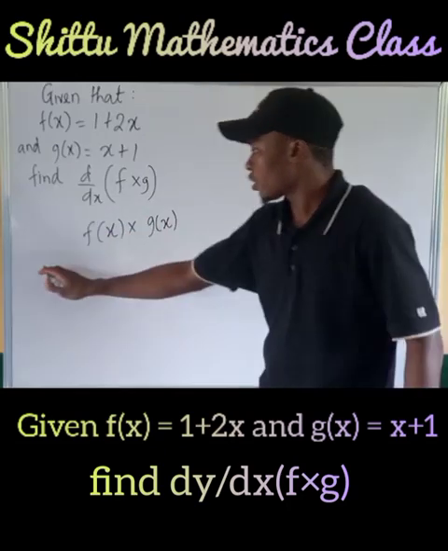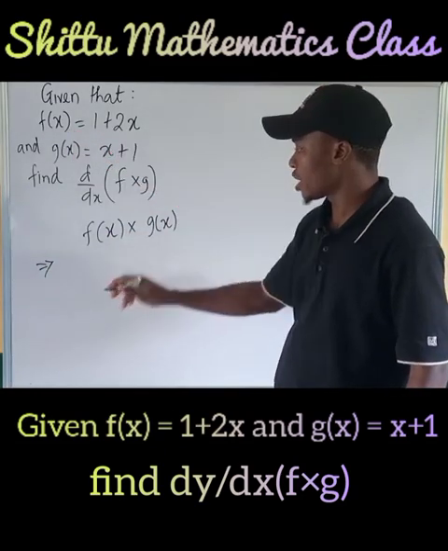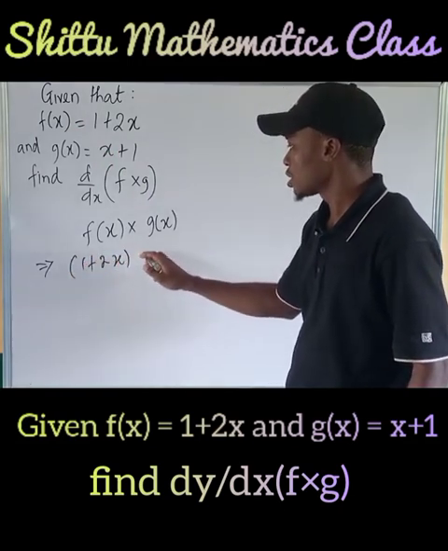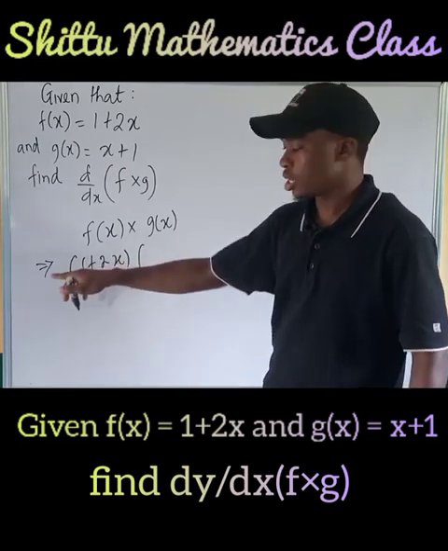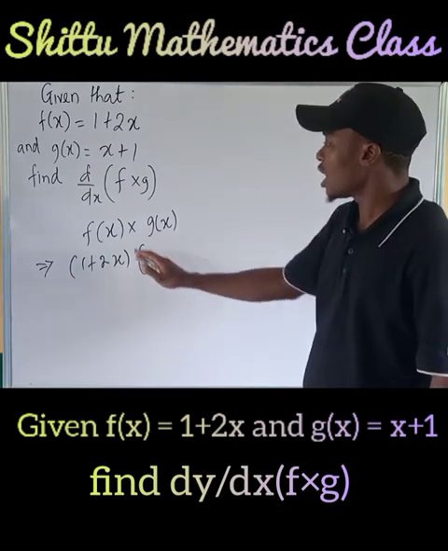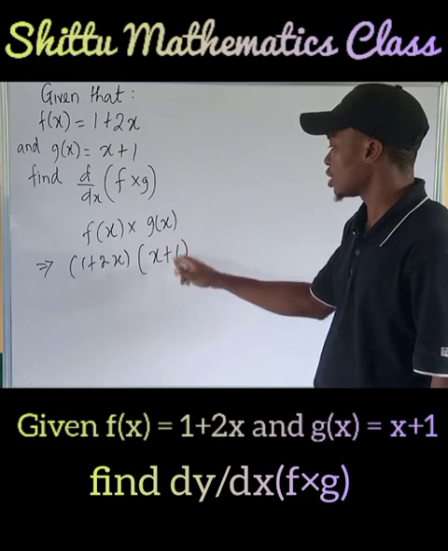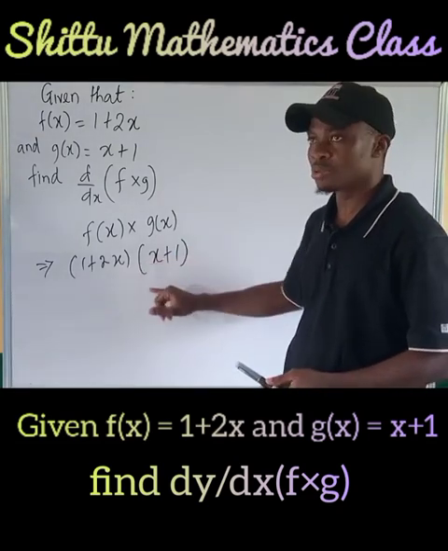According to the question, you can see that f of x is 1 plus 2x. So we have 1 plus 2x, then multiply by, because we have brackets here, which at the same time means multiplication, g of x, which is x plus 1. So from here, the next thing to do is to open this bracket.